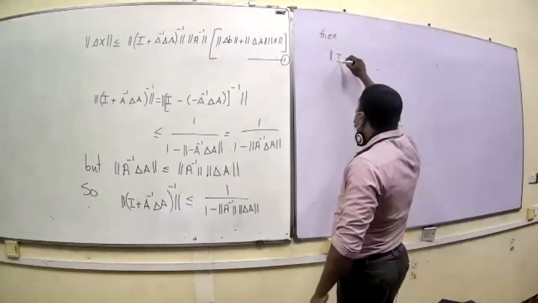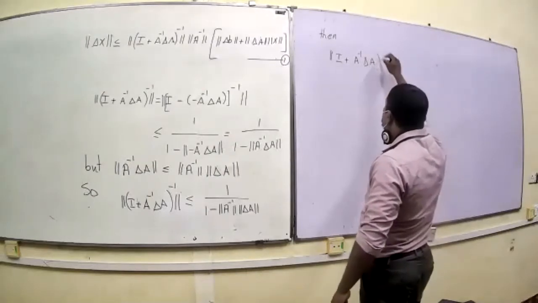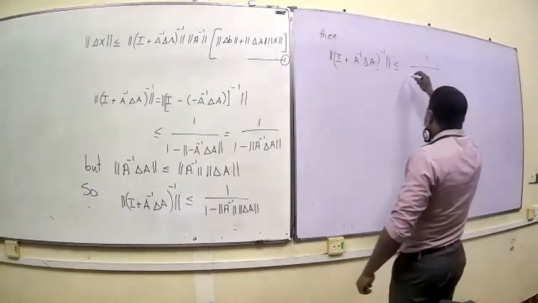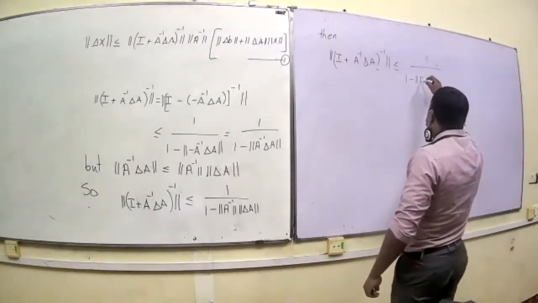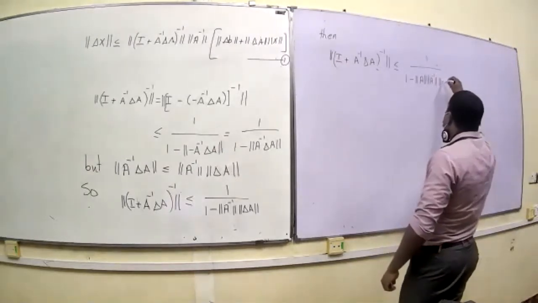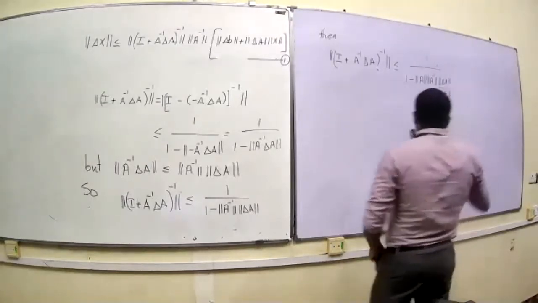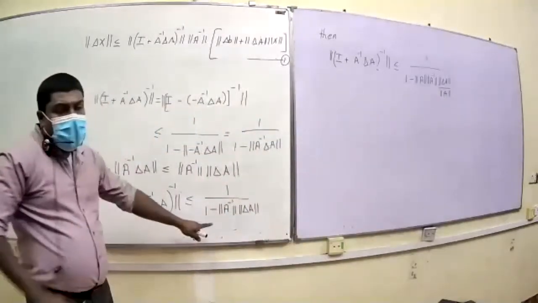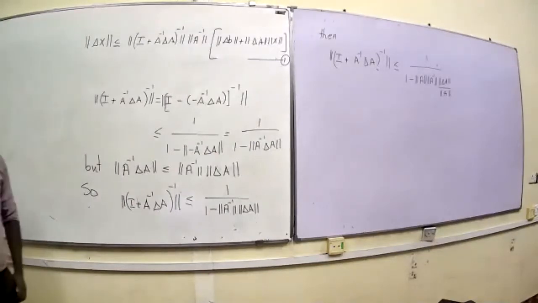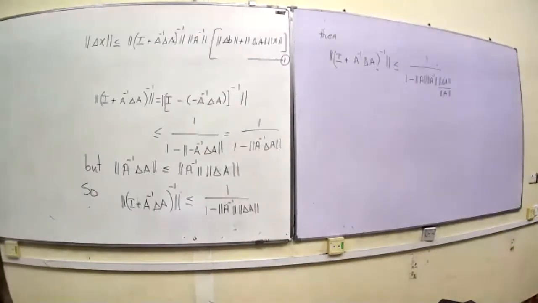Then what we have is I plus A inverse delta A quantity inverse is less than or equal to 1 over 1 minus norm of A times norm of A inverse times norm of delta A over norm of A. So here in this line, I multiply and divide by norm of A. Right? So if I do that, I get this.